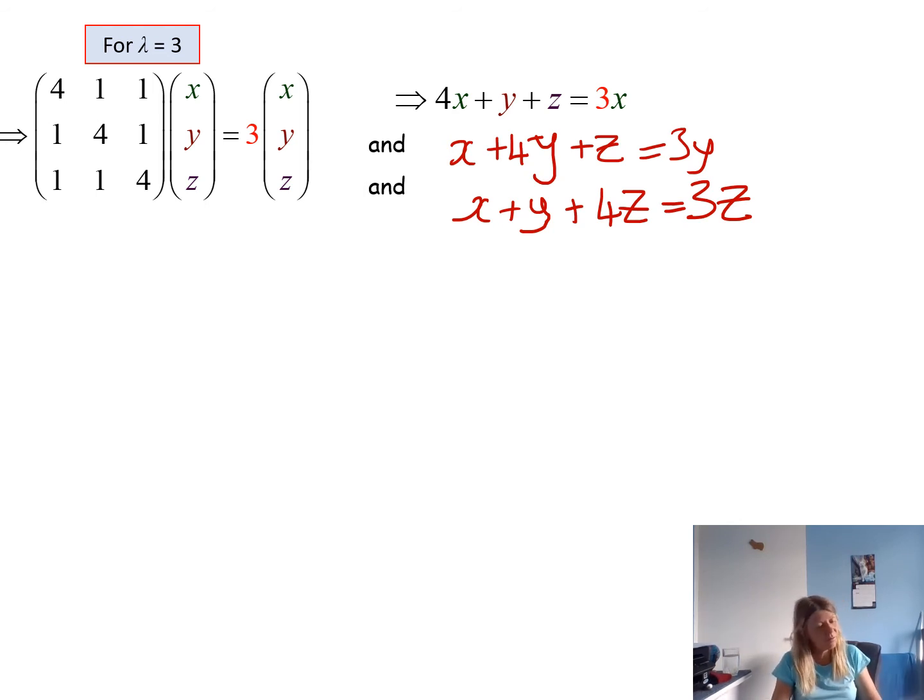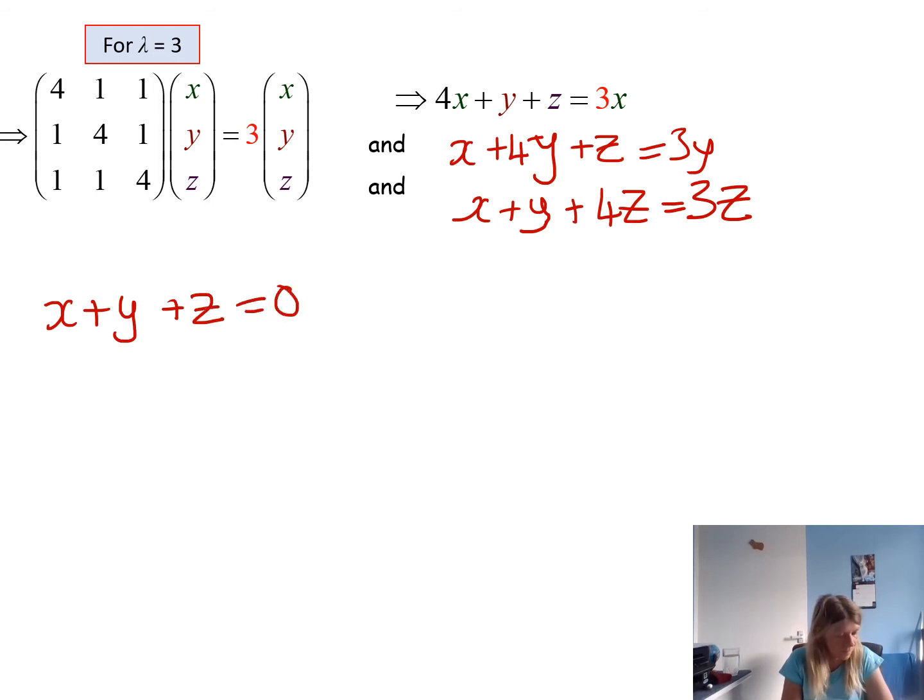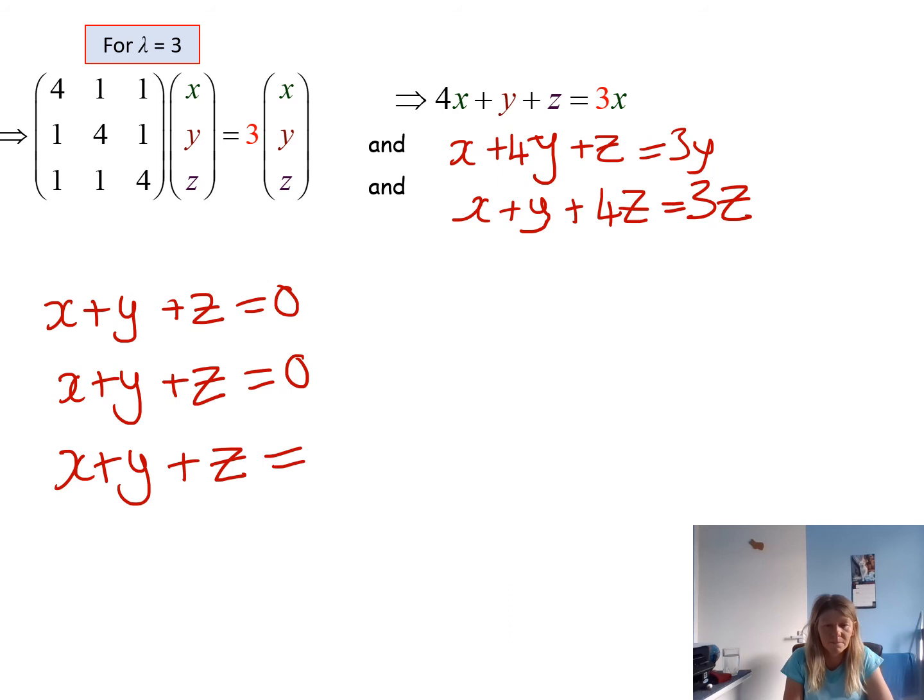Now we try and solve those. We take them over. The last one, it's no big surprise. It's the same thing. Right. What we can get from that is that x plus y plus z is always 0.